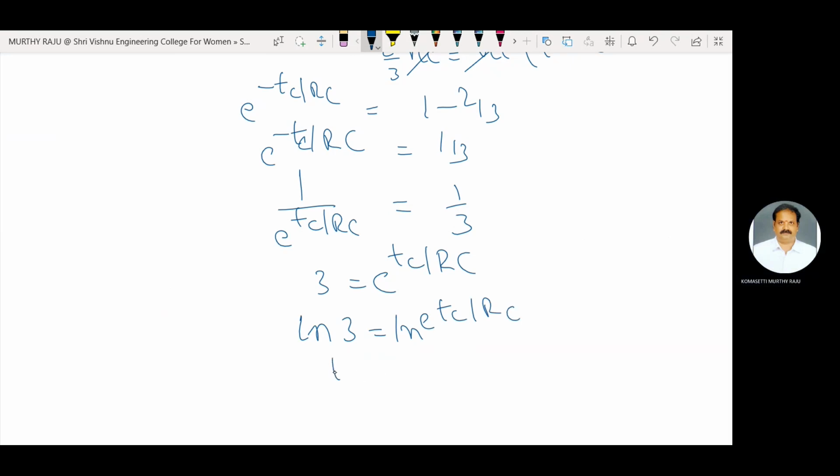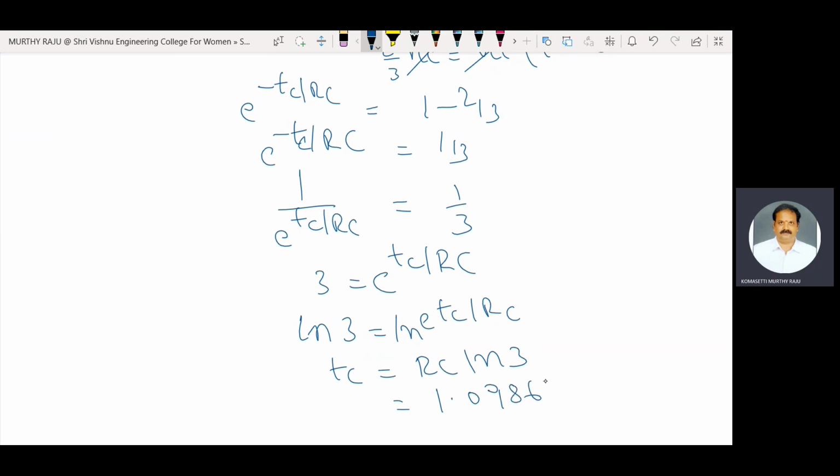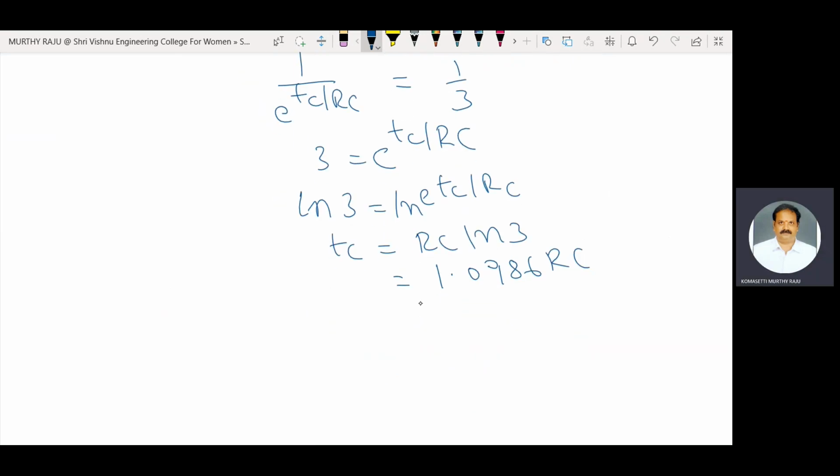Therefore, TC is equal to RC into the natural logarithm of 3. That value is 1.0986, so TC is nearly equal to 1.1 RC.